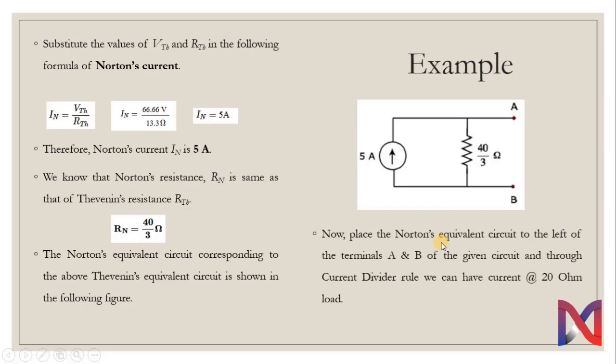Now we can place the Norton equivalent circuit to the left of the terminals A and B of the given circuit, and through the current divider rule we can find the current at the 20 ohm load. So the 20 ohm load current will be 5 multiplied by 13.33 divided by 33.33. So we get a current equal to 2 ampere.